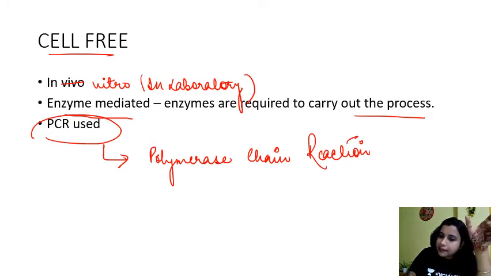So this cell-free is basically an in vitro process, which means the DNA cloning is done inside the lab, not inside the living organism. It is carried out with the help of some enzymes and some instruments. One example is PCR, right?